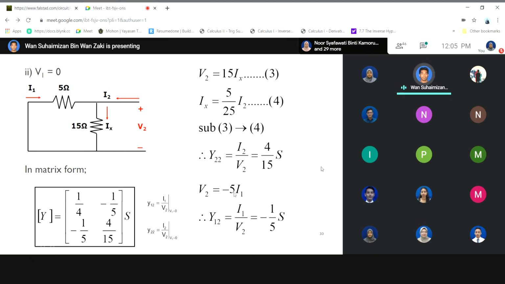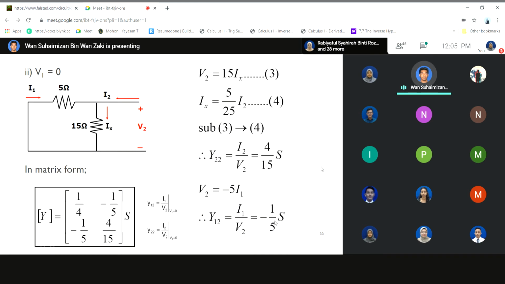So V2 is negative 5 I1, because this direction is the inverse for V2. V2 kalau kita tengok kat sini dia positif, negatif. For I1, if current goes here, it will be positive and negative. So basically, inverse of current I1 times 5. Then the ratio I1 over V2 will be negative 1/5 S.